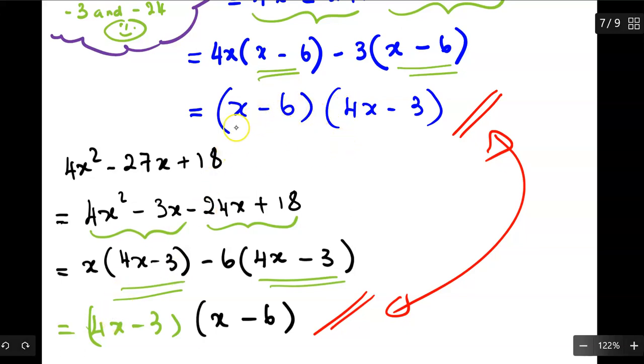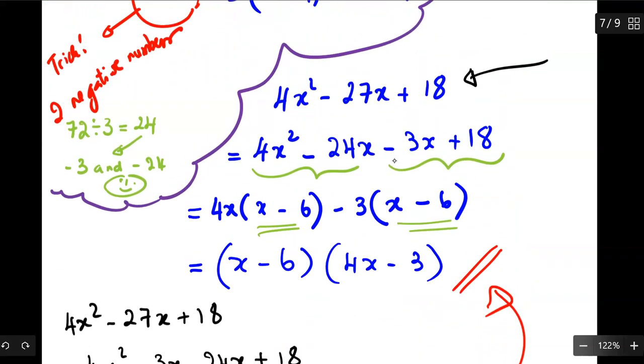So x minus 6 multiplied by 4x minus 3 is the same thing as writing 4x minus 3 multiplied by x minus 6. It doesn't matter the order when you break the middle term into two.